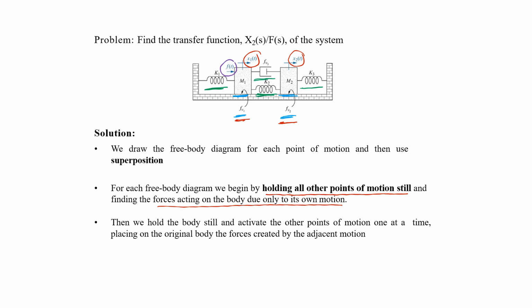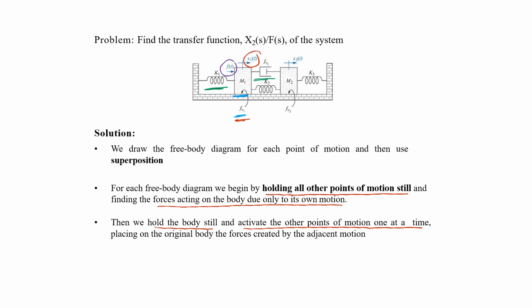Then we hold the body still and activate all other points of motion one at a time. In this case, we have only two points of motion. We will hold one body still and activate the other body and see its effect on the current body.